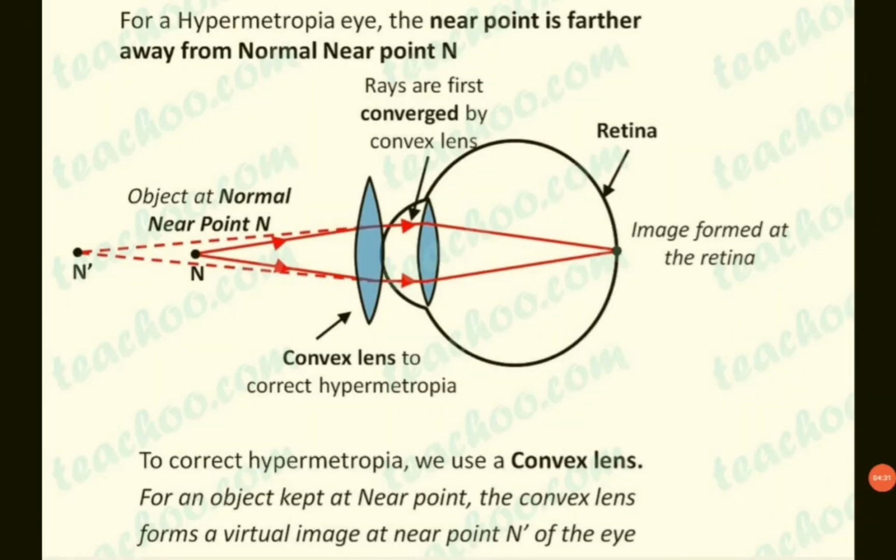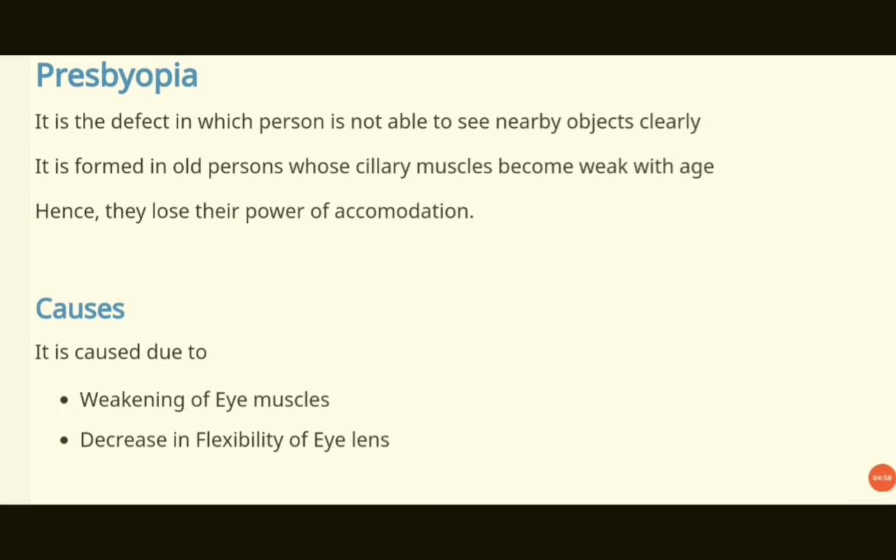For a hypermetropic eye, the near point is farther away from the normal near point N. So here we can see the correction of hypermetropia by using a convex lens. To correct hypermetropia, we always use a convex lens. For an object kept at the near point, the convex lens forms a virtual image at the near point N of the eye.